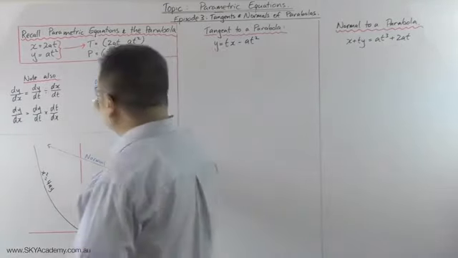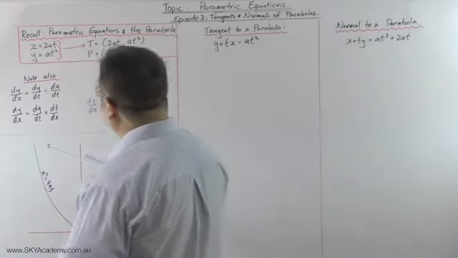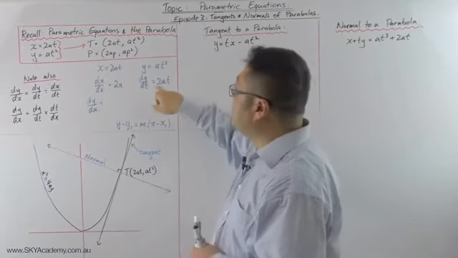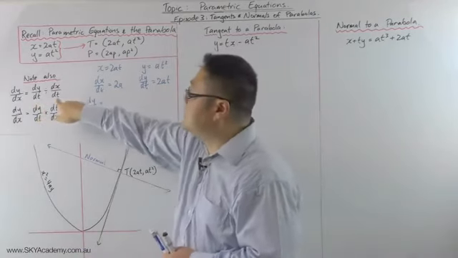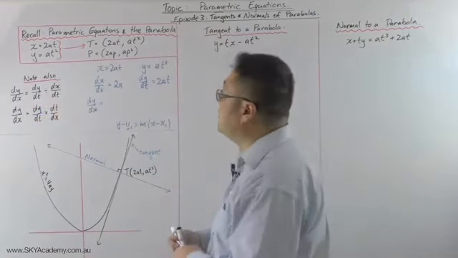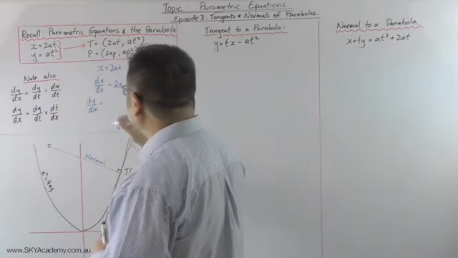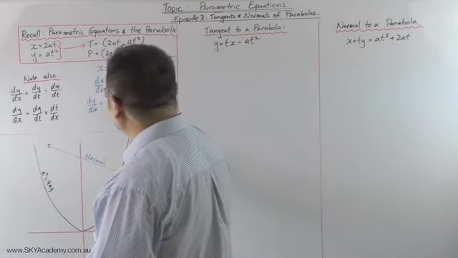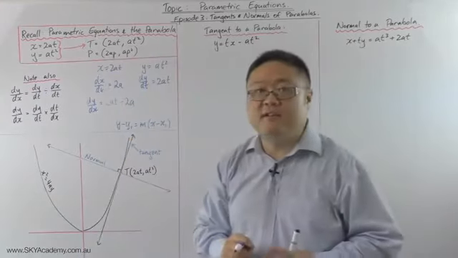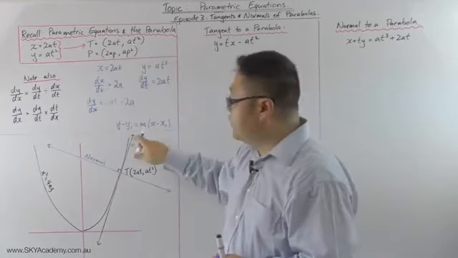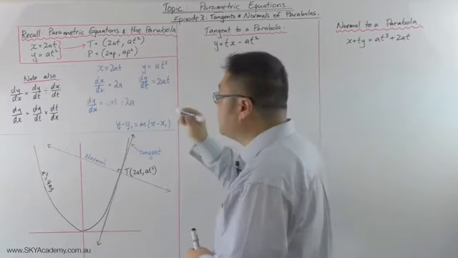To work out dy/dx, you take this and divide by that, because we're substituting in. So 2at divided by 2a will give you the gradient of the tangent.